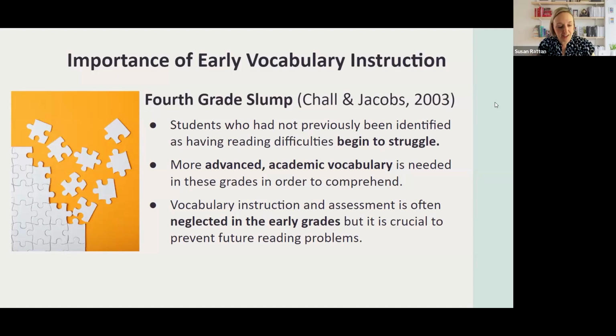So that's one of the reasons why it's so important to start early on with building students' vocabularies. So they have all of those years and all of that time to be adding words to their knowledge base. So when they need it to do their own independent reading and to learn subject matter, they'll have it there for them and they won't struggle.